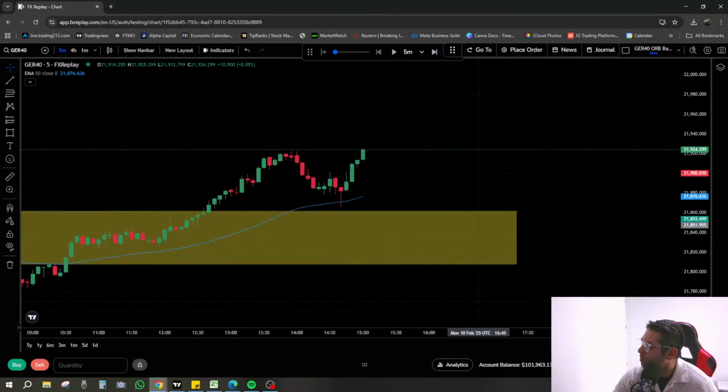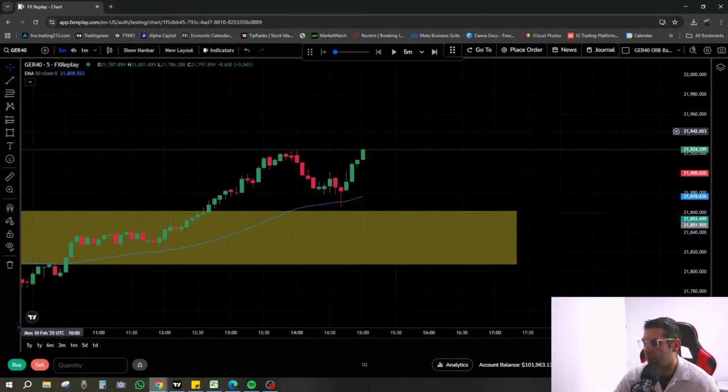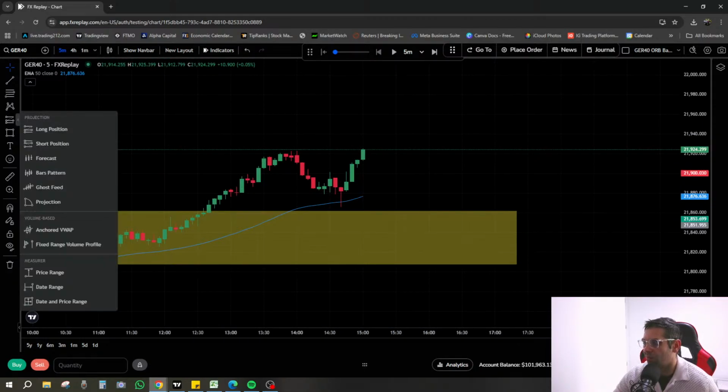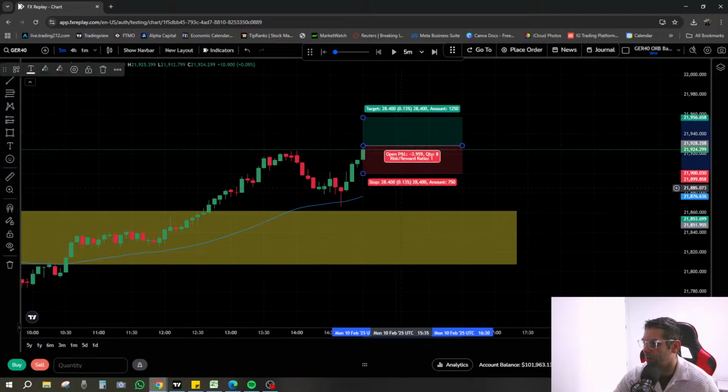Okay, so now it has tested this range and the moving average, but in my eyes it's still overextended, so I wouldn't have the confidence to enter.